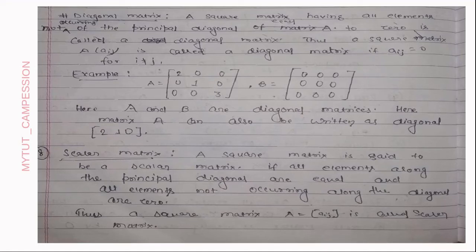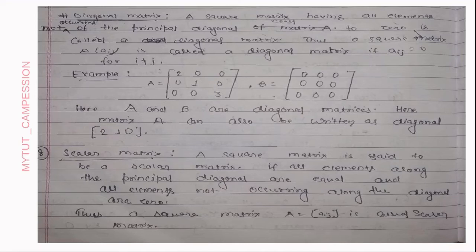A square matrix is said to be a scalar matrix if all elements along the principal diagonal are equal, and all elements not occurring along the diagonal are 0.